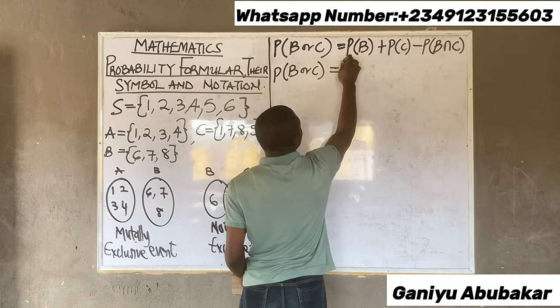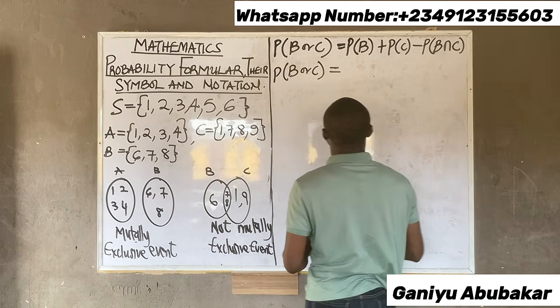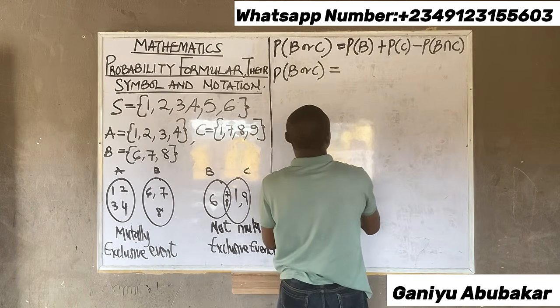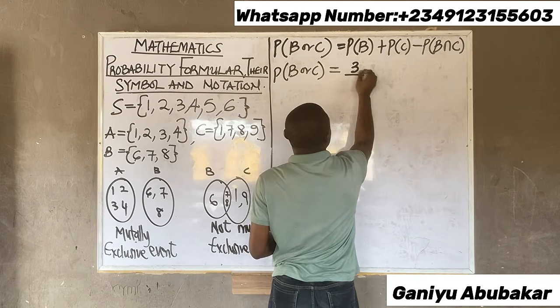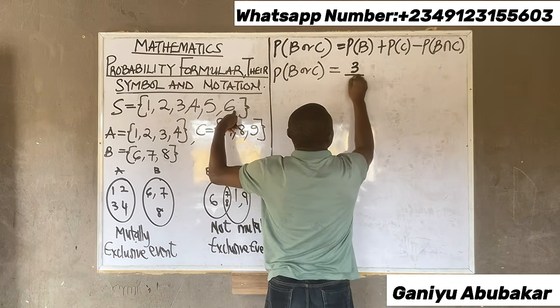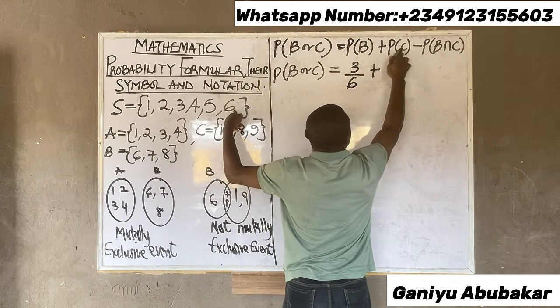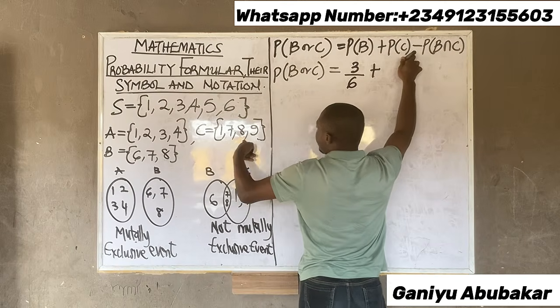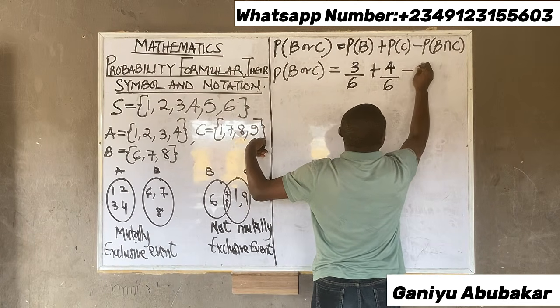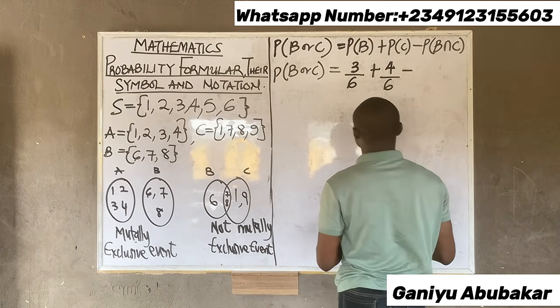Probability of B. Now, what is B? How many events is B? 1, 2, 3. That gives you 3 over the total, which is 6, plus the probability of C. What was C? 1, 2, 3, 4. That's 4 over total 6, minus the probability of B and C occurring.